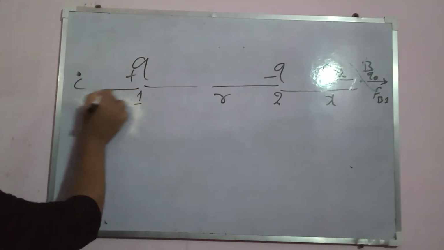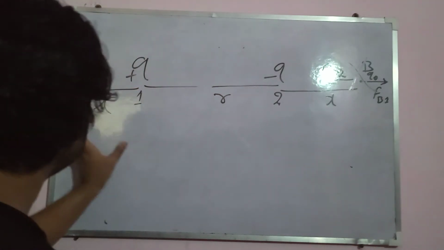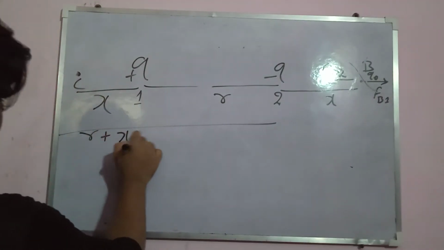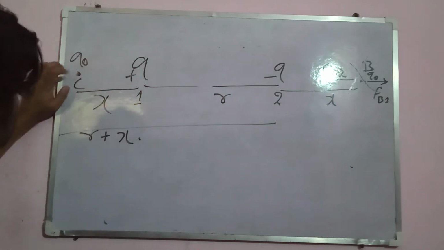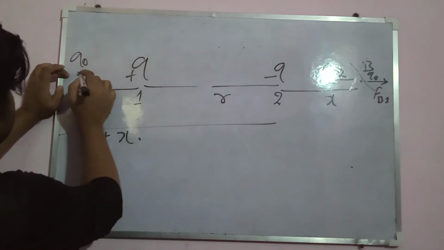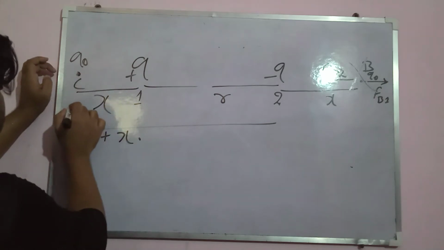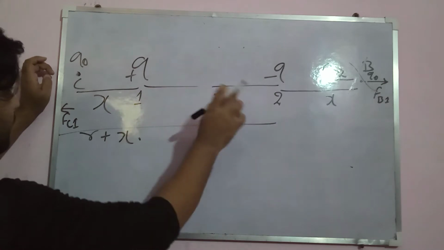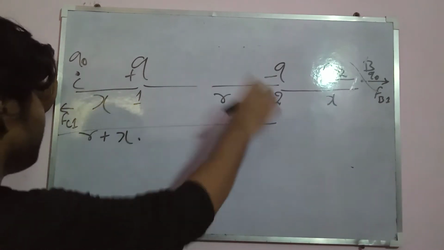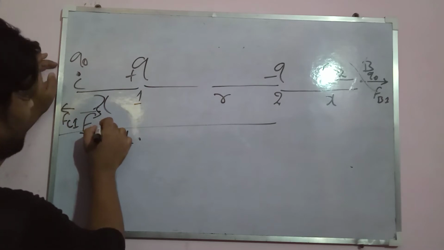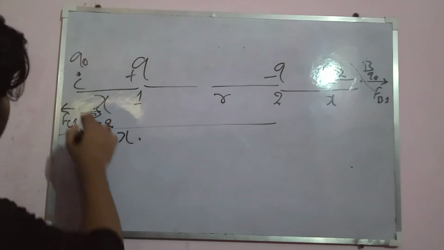Similarly, make the same analysis for C. It is at a distance x from plus Q, and minus Q is at a distance r plus x from the test charge kept at C. So the force by plus Q is in this direction, that is FC1, and the force by minus Q on this Q naught is in this direction, that is FC2.